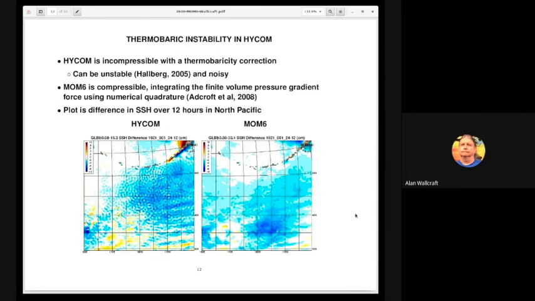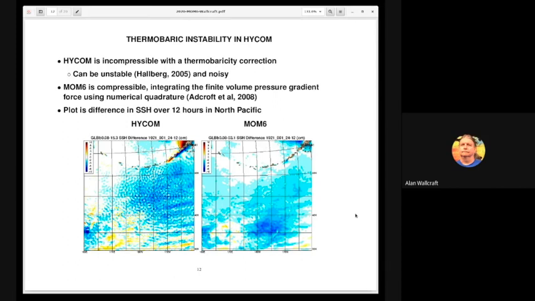So I mentioned earlier that HICOM is incompressible with a thermobaric correction, and this approach can be unstable. And even if it's not formally unstable, it can be noisy. MOM fixes this problem by integrating the finite volume pressure gradient using a numerical quadrature.